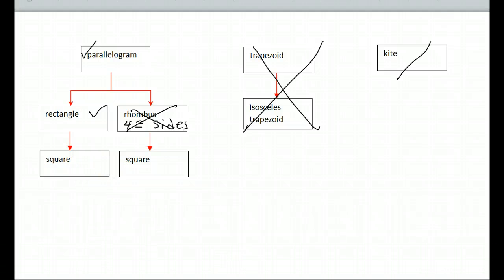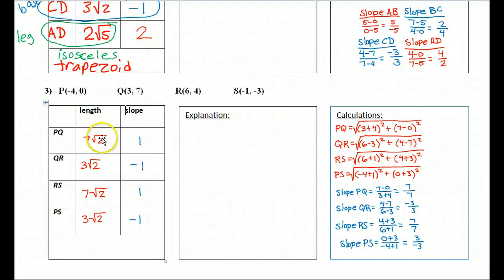That's easy enough to do. Look at the lengths again. Is this a square? Obviously not. If this were a square, all of the sides would be the same. So it's not a square, but we have to indicate somehow why it's not a square when we do our explanation.